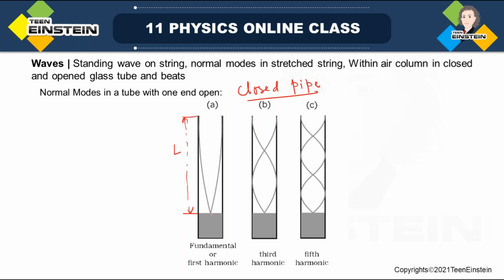As we have seen, suppose this is x equal to 0 and this is x equal to L over here. So at x equal to L there will be antinodes.